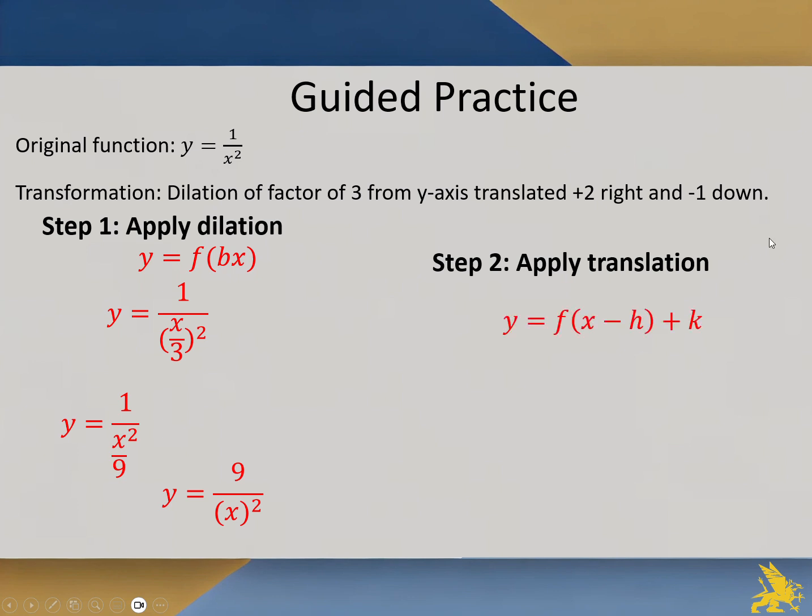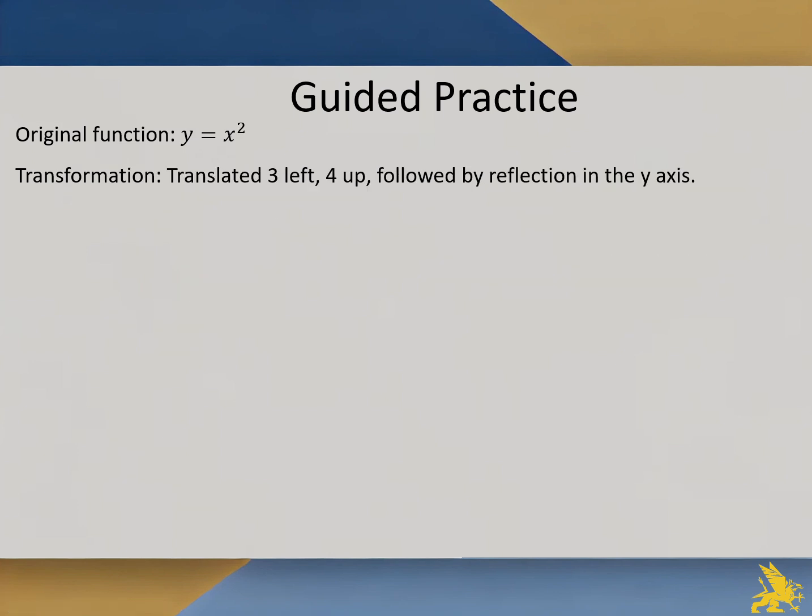So we're using our h and our k here. Our h is just going to be negative 2 here, and our k is going to be take away 1. So we've got y is equal to 9 over (x minus 2) in brackets squared, take away 1.